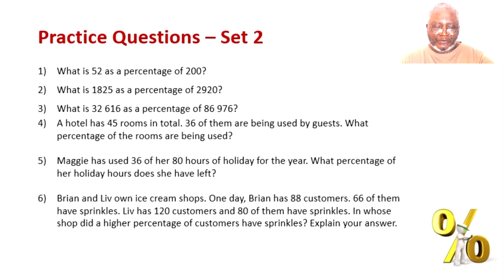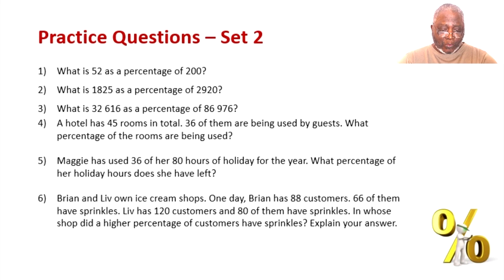Now, question 5 is a little bit tricky. Listen. Maggie has used 36 of her 80 hours of holiday for the year. What percentage of her holiday hours does she have left? Not what she's used, but what percentage does she have left? Question 6.